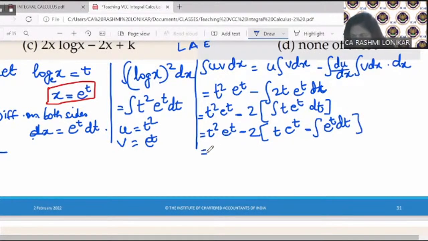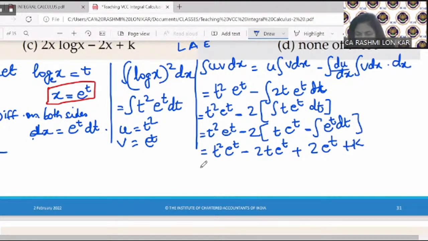So what do I get here? t square e raised to t minus 2t e raised to t, and this integration will be e raised to t, minus into minus plus, so plus 2 e raised to t plus k.